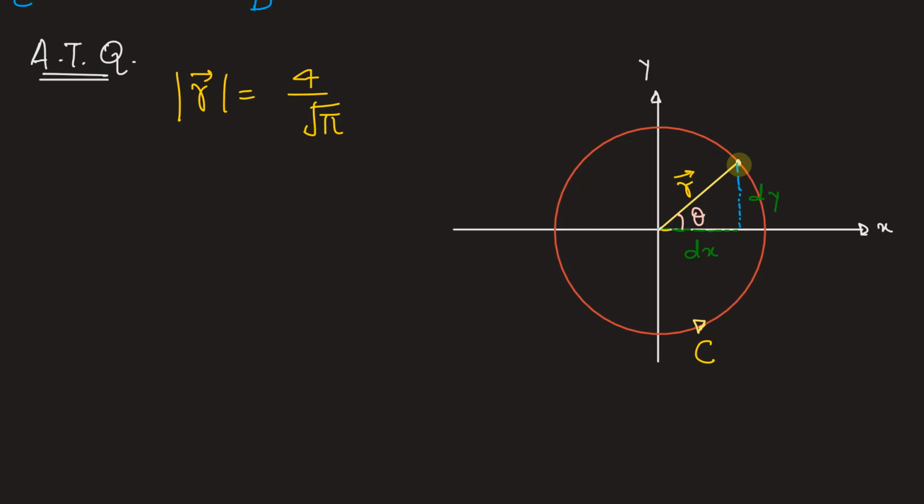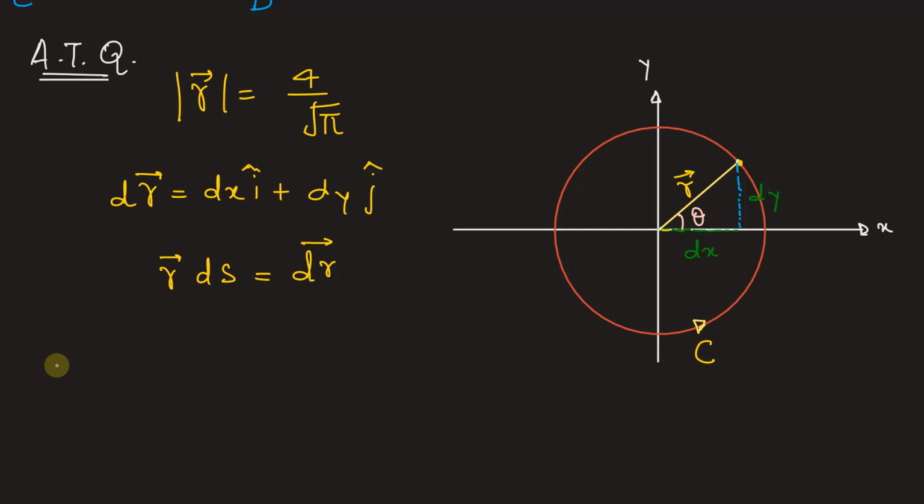Any point on the circle can be represented in terms of polar coordinates as well as Cartesian coordinates. Therefore we can write r vector is equal to dx i cap plus dy j cap, where i and j are the unit vectors in x and y direction respectively, and r is the radius of the circle in the polar coordinate system. From the polar relation we know that r dash vector into ds is equal to dr vector.